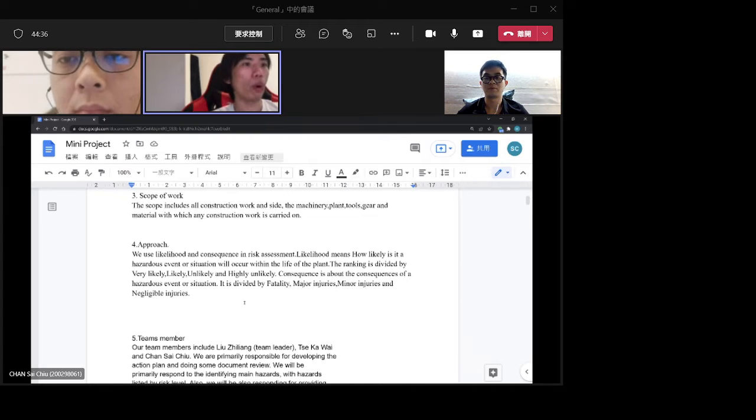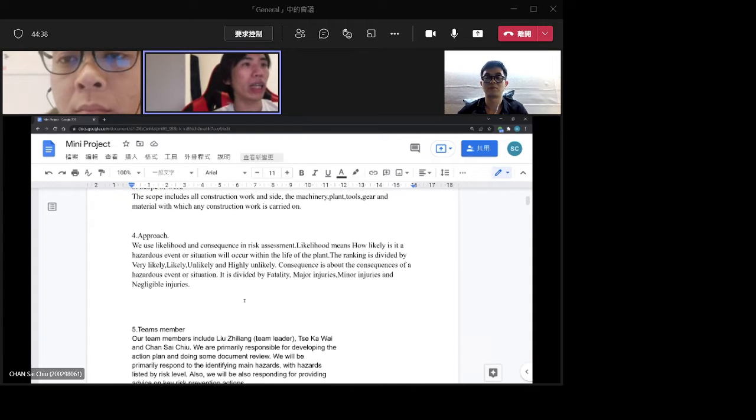4. Approach. We use likelihood and consequences in risk assessment. Likelihood means how likely a hazardous event or situation will occur within the life of the plant.